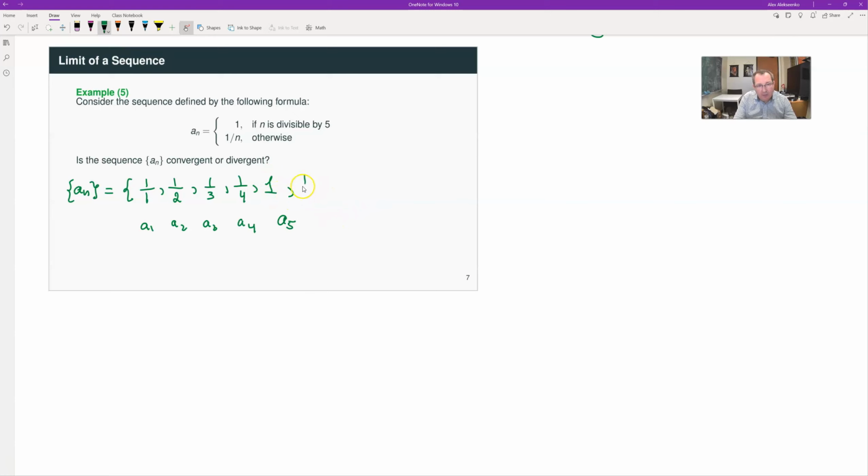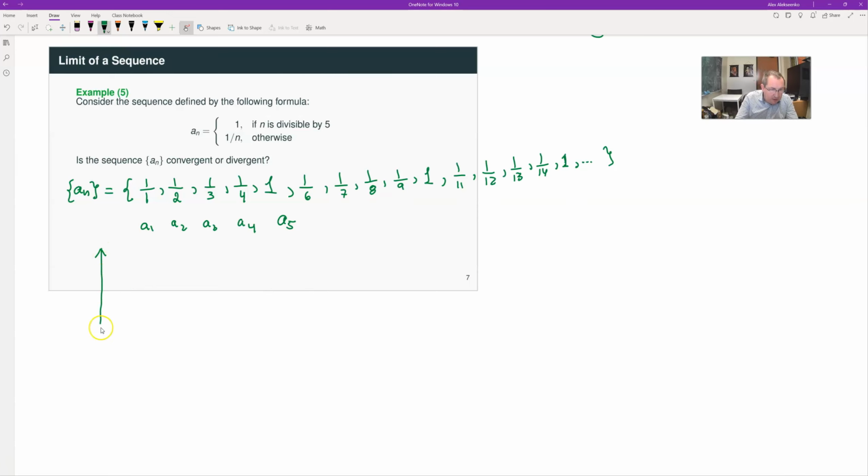All right, continue. 1 over 6, 1 over 7, 1 over 8, 1 over 9. Next index, 10, is divisible by 5, then we get 1. And then we continue. 1 over 11, 1 over 12, 1 over 13, 1 over 14, and then 1 again, because the index is again divisible by 5. And we can continue forever.